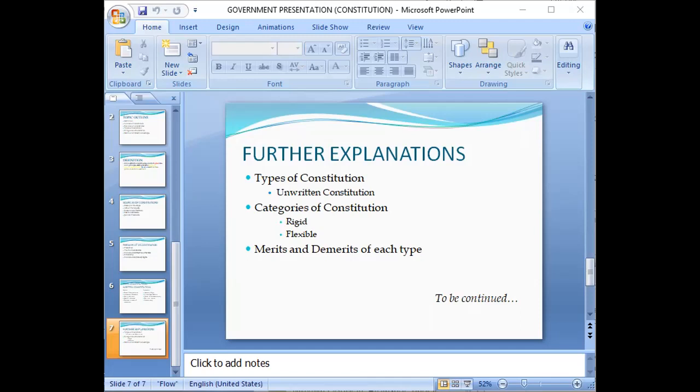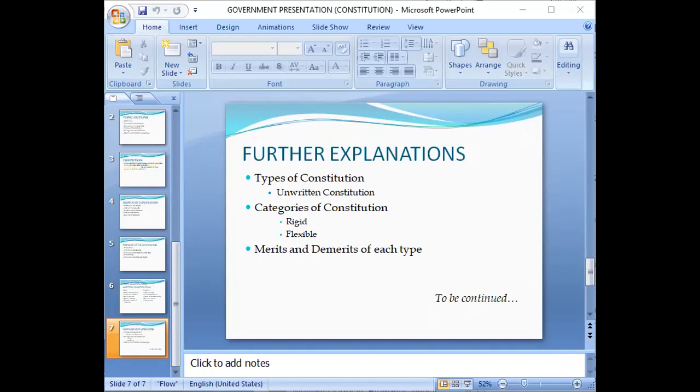A written constitution is rigid and quite difficult to amend. A written constitution is good for ease of reference. You can easily refer to it, but unwritten is not good enough because you cannot easily make reference to it.